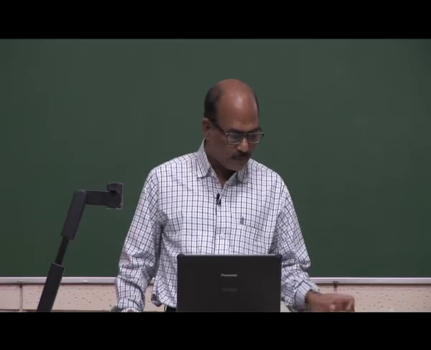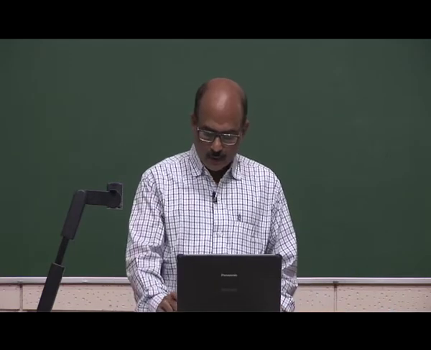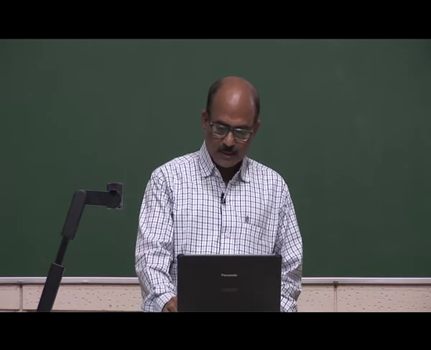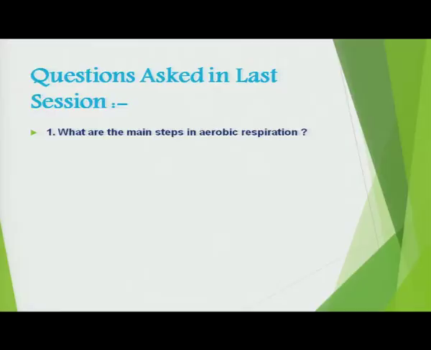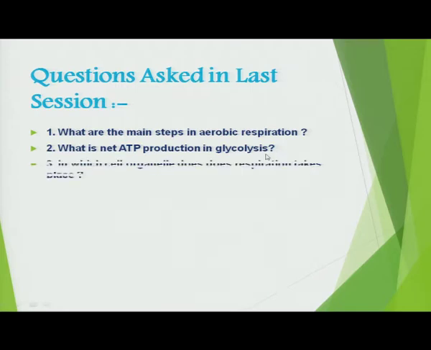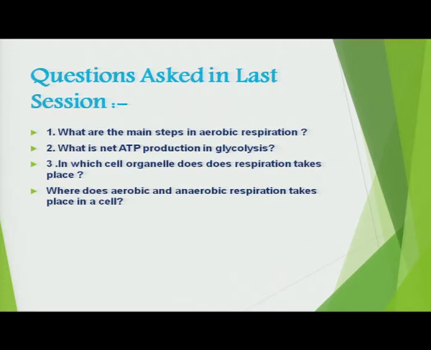Now, first of all, what are the questions previously asked? My first question was, what are the main steps of aerobic respiration? There are two types of respiration, we have already seen, aerobic and anaerobic, and their steps already discussed. The next question is, what is the net ATP production in glycolysis? The third question, in which cell organelles does respiration take place?